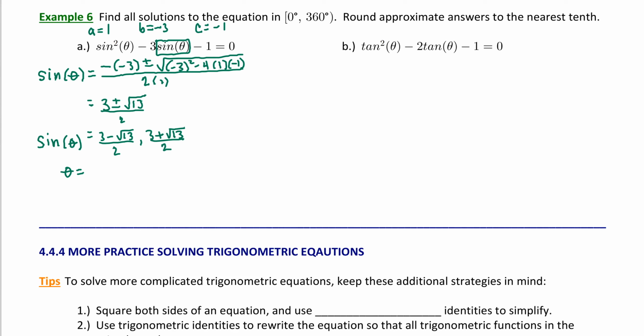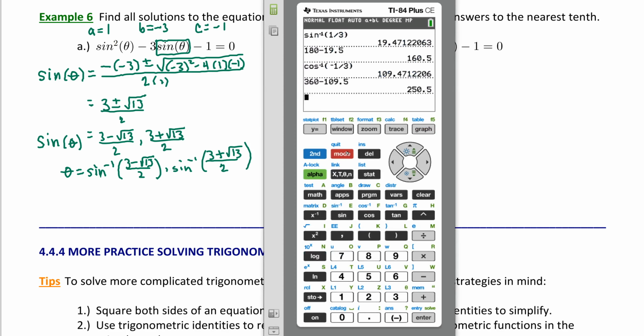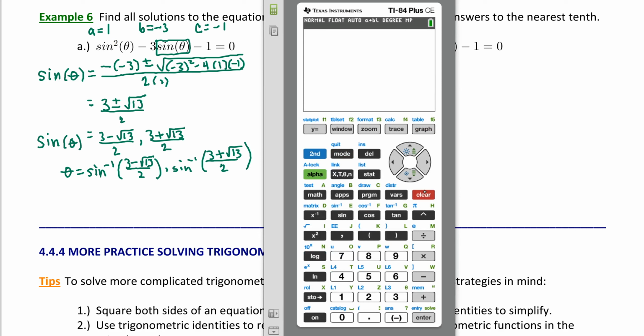So theta will be inverse sine of our first value, 3 minus the square root of 13 over 2, and inverse sine of 3 plus the square root of 13 over 2. You can certainly express that in a condensed form as inverse sine of 3 plus or minus square root of 13 over 2, as long as you remember to evaluate both of those individually with your calculator.